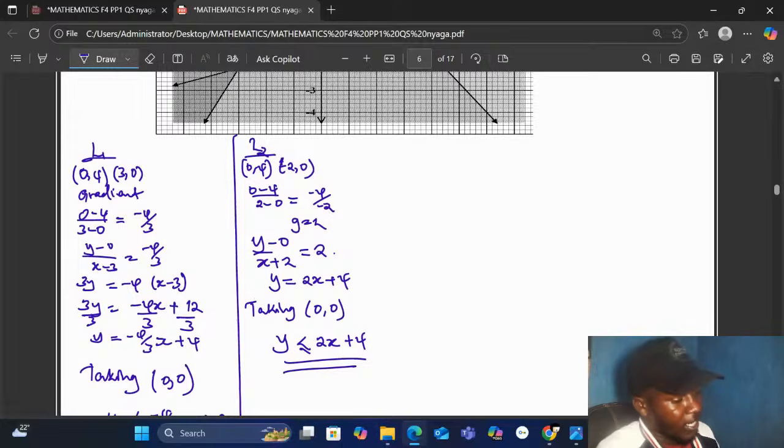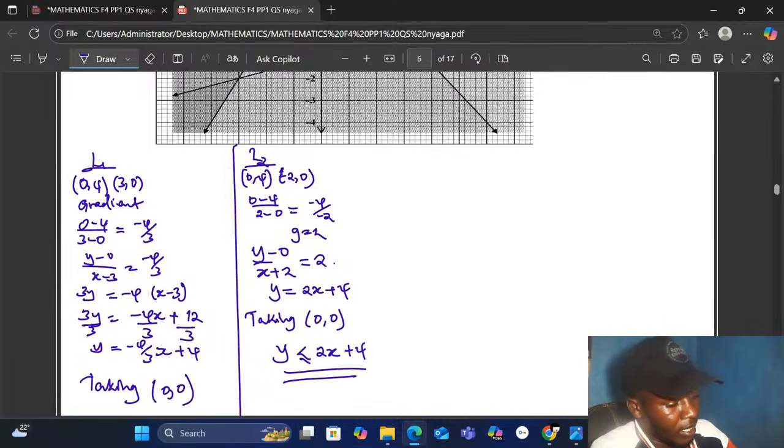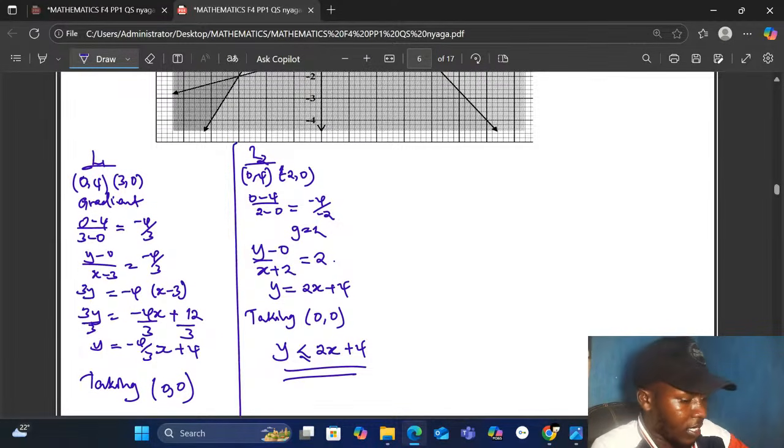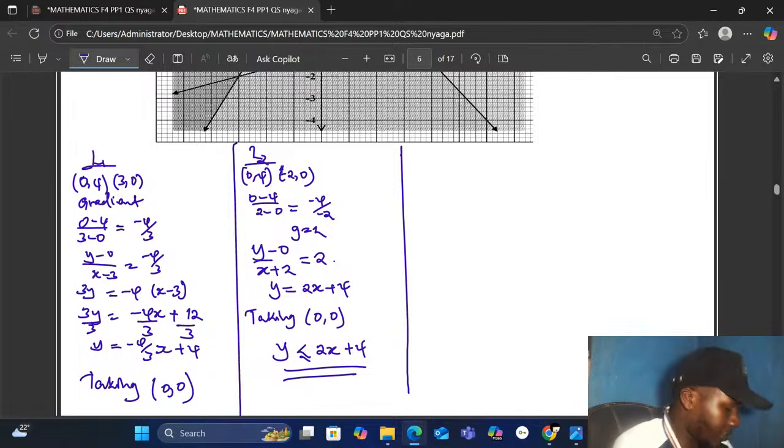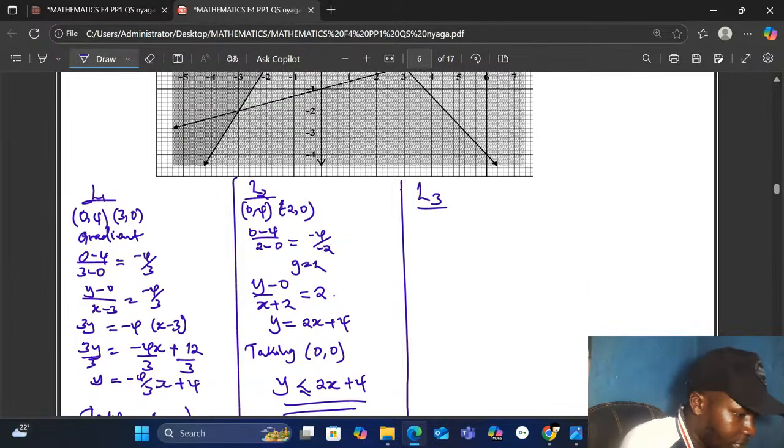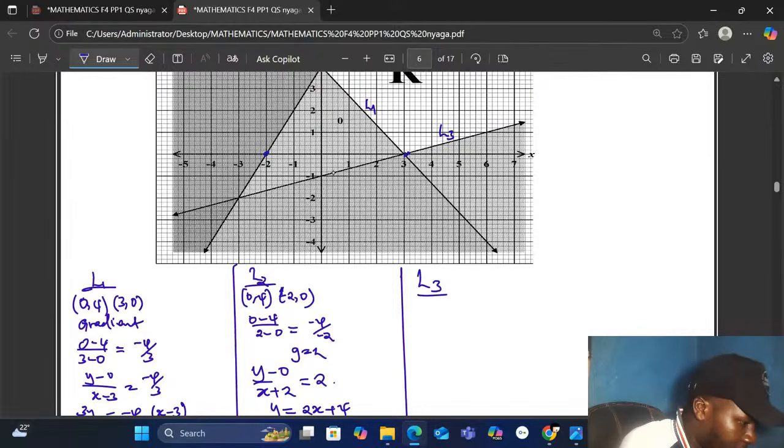Then we finish with the last line, which is line L3. So we also take 2 points. We can take this as our first one, 3, 0.